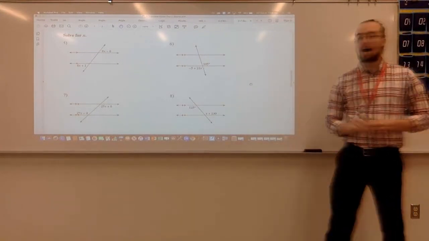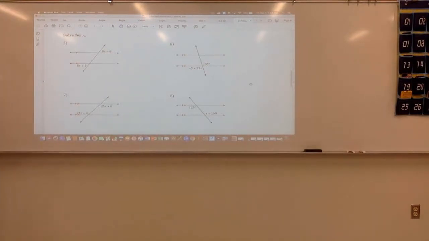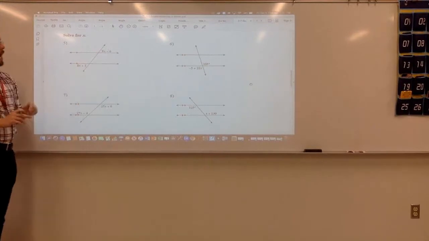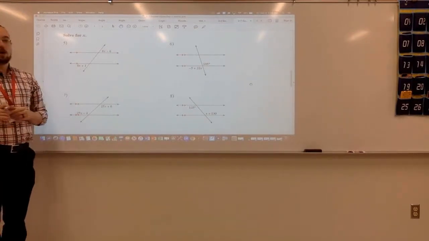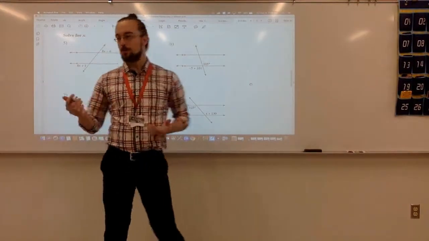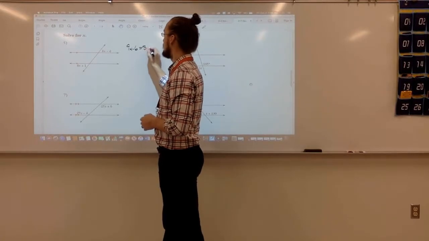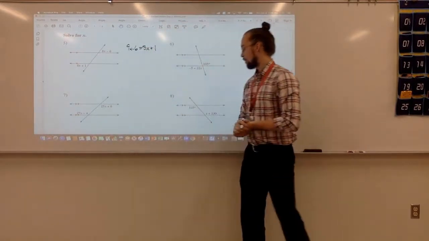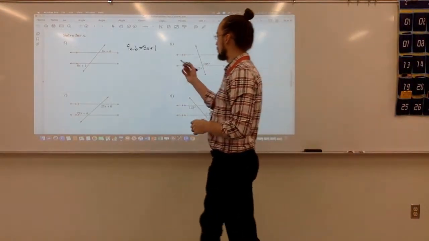So, for number 5, how can I set up an equation to solve here? Set them equal to each other. I know that alternate exterior angles are equal to each other. So my equation here is going to be 9x minus 6 equals 8x plus 1. Go ahead and solve that real quick.